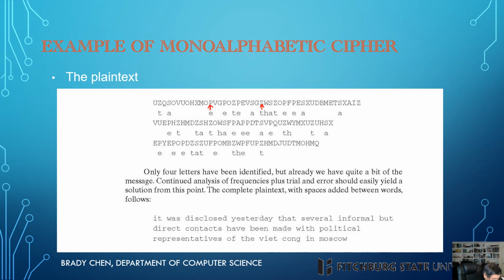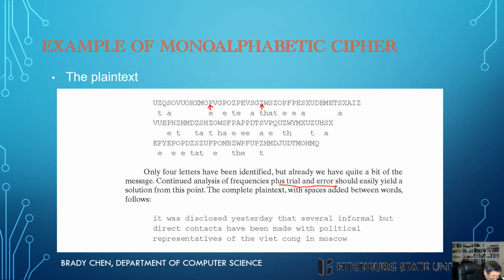So initially we actually only mapped 4 letters. Okay, 4 letters have been identified. But if you look at the whole thing, because these are the 4 which have the highest frequencies, already we have quite a bit of the message. Okay, now we continue this analysis of frequencies. Also plus the trial and error, we should eventually yield a solution from this point.